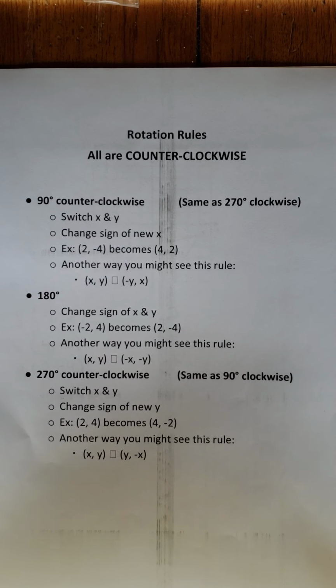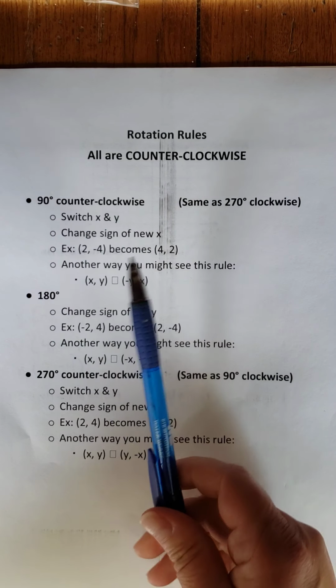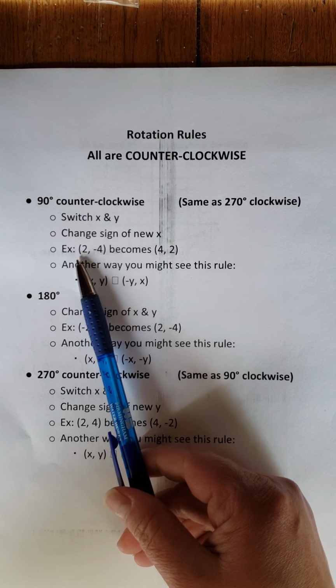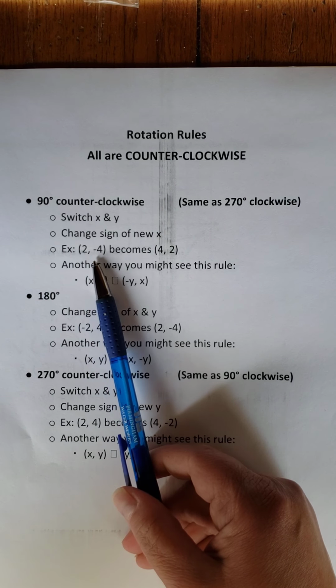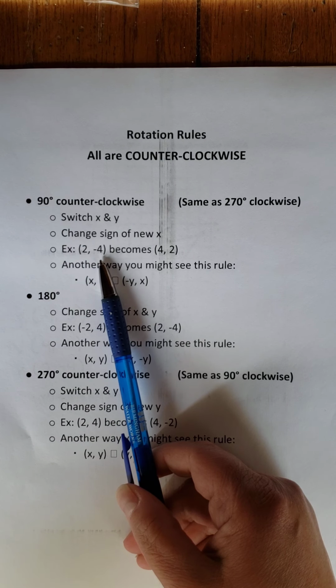If we're rotating something 90 degrees counterclockwise, what we do is we switch our x and y coordinates and then we change the sign of the new x. So let's look at an example. Let's say we have (2, -4), and we need to rotate that 90 degrees counterclockwise about the origin.